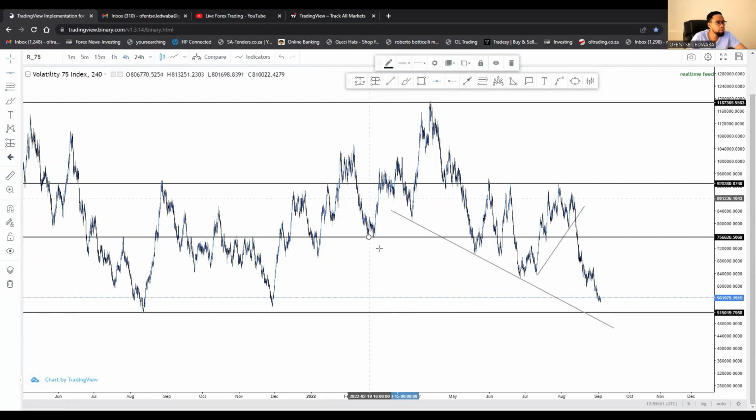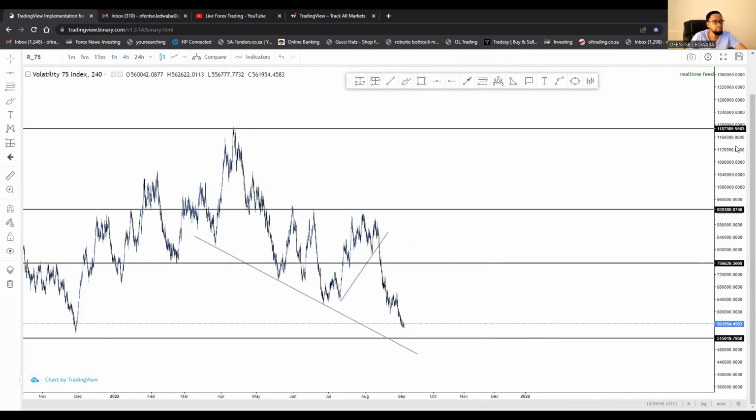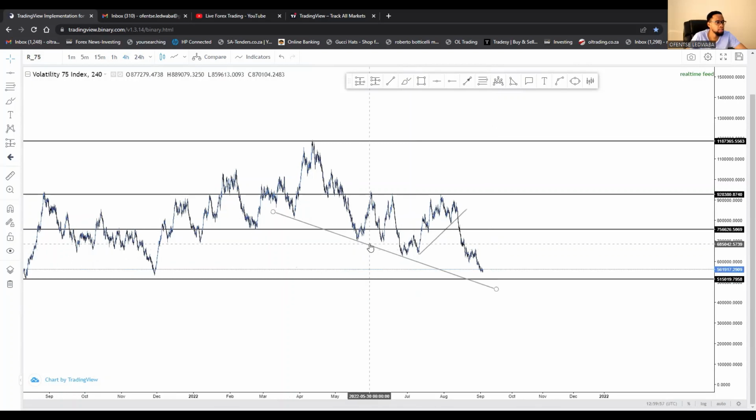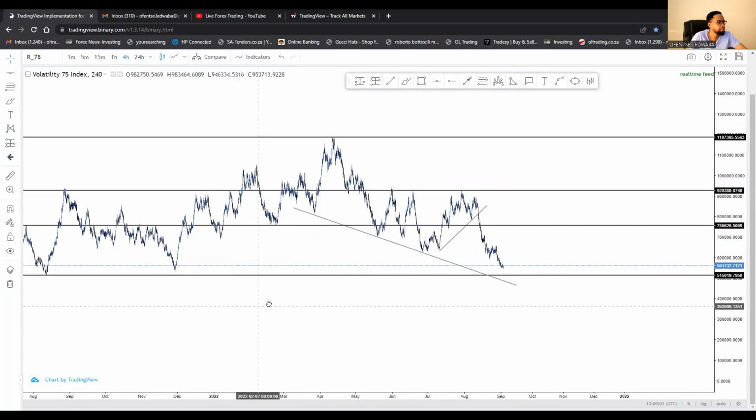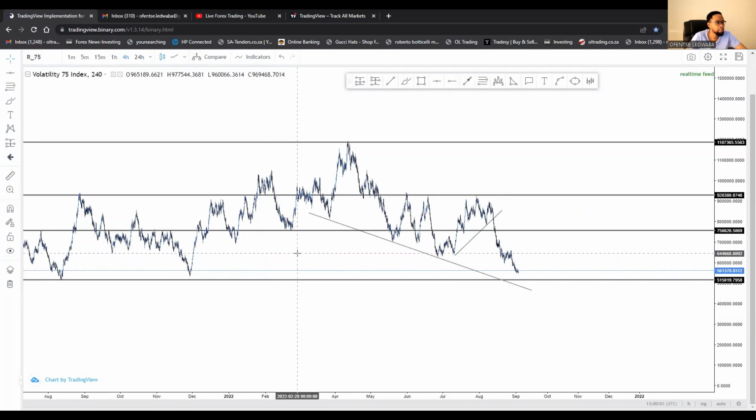You can see here we bounced here, we pushed up, so it is a strong area. Okay, then another point would be around here. So draw another one here.